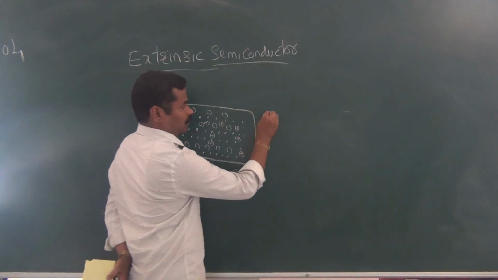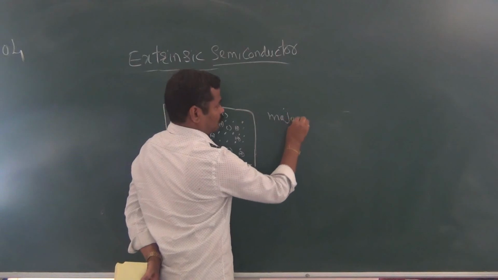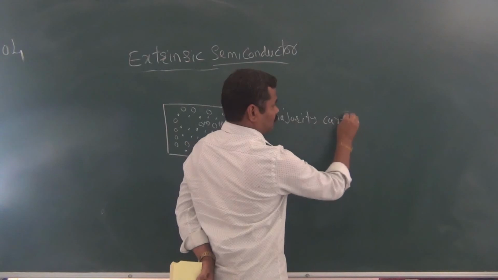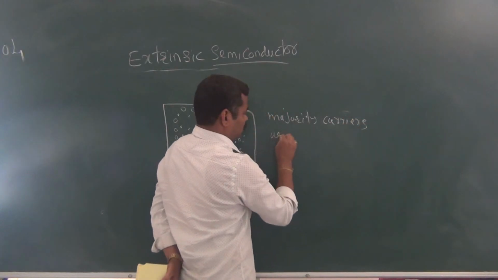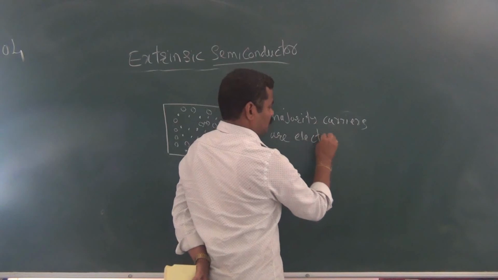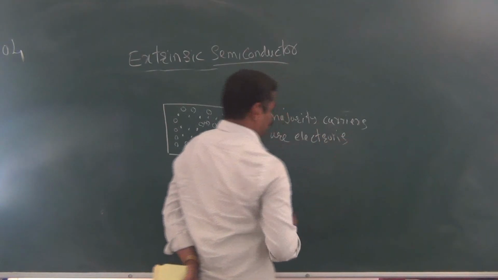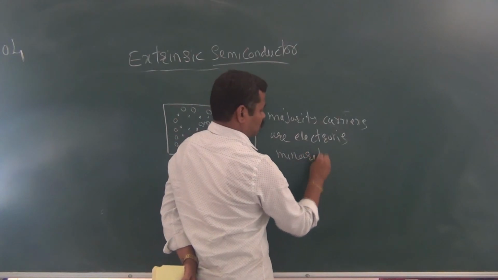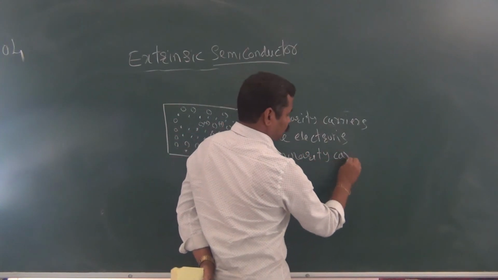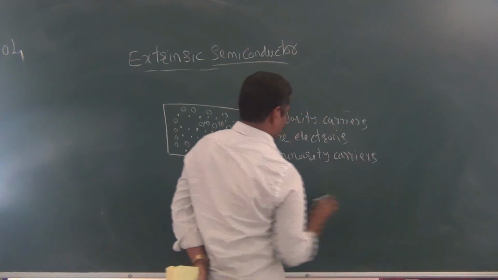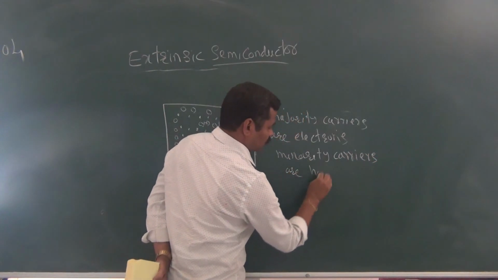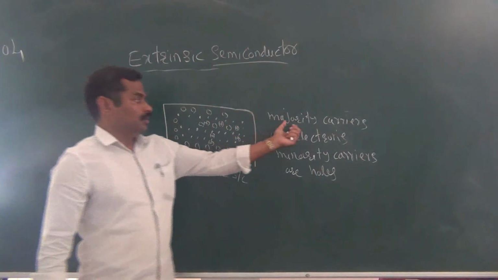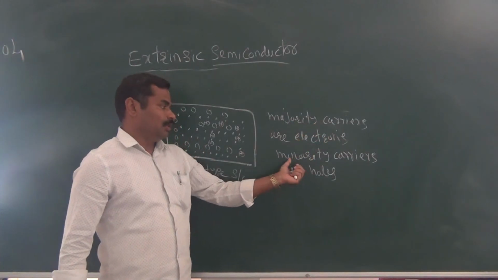Here you can write: majority carriers, or electrons, and minority carriers, or holes. Keep it in mind, in the n-type semiconductor, the majority carriers are electrons and the minority carriers are holes.